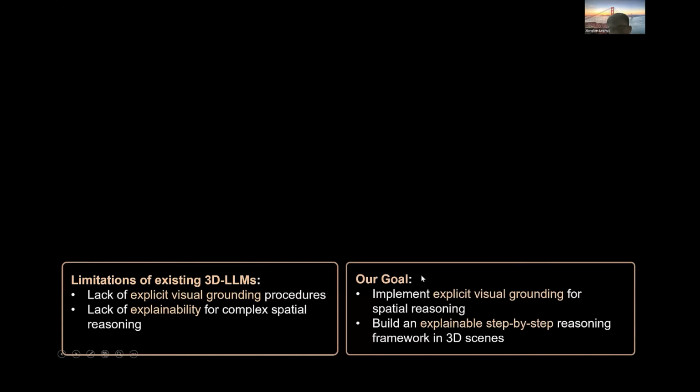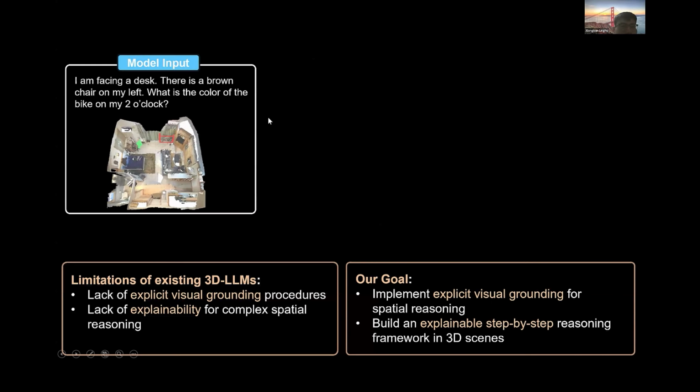Existing 3D LLMs lack explicit visual grounding procedures, and they also lack explainability for complex spatial reasoning. Our goal is to implement explicit visual grounding for spatial reasoning and build an explainable step-by-step reasoning framework in 3D scenes.